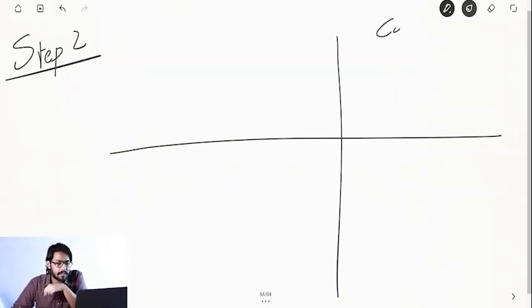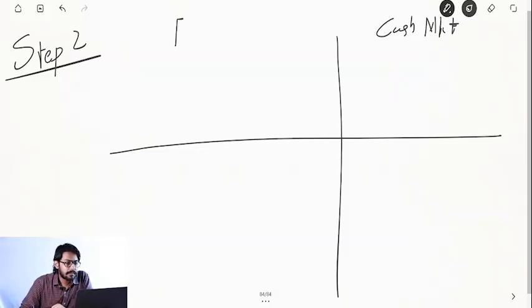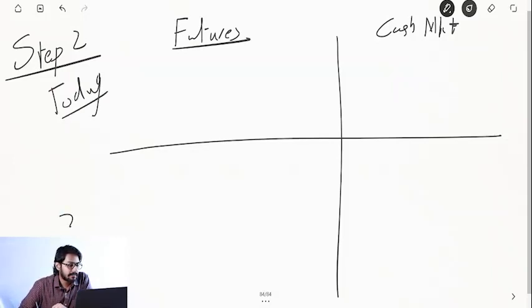There is a cash market, and this is a futures market. This is today, and this is after 3 months. Now you have to tell me what is the strategy.